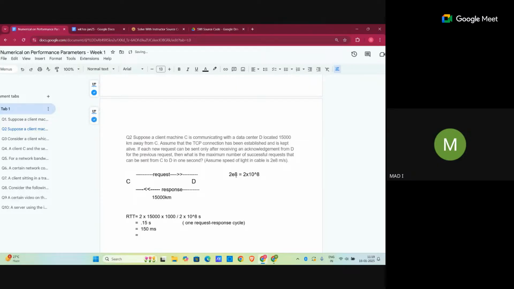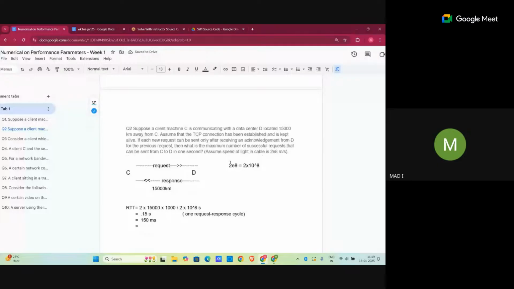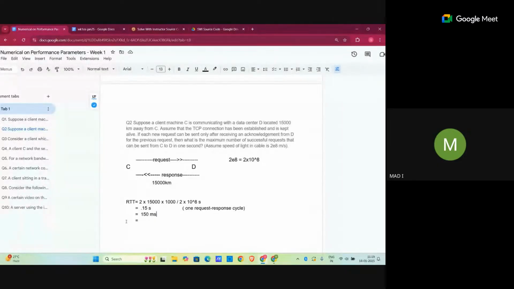Now what is the time given? The time is given in seconds, that is 1 second. Now 1 second is equal to 1000 milliseconds. Now we want to calculate the number of such successful requests which can be made. So we will say it as n.